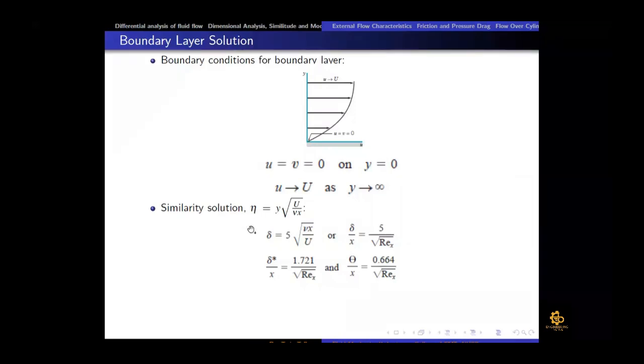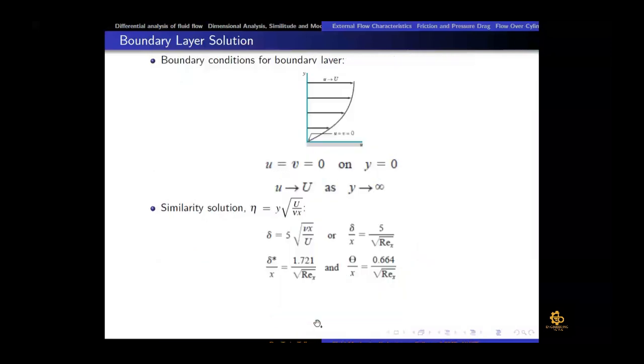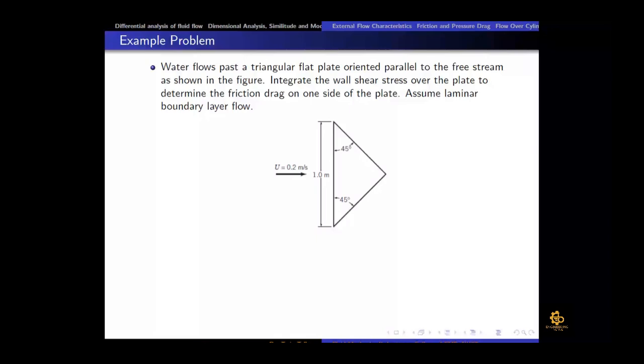That similarity solution involved a variable eta, defined as y into square root of U upon nu x. If we apply this similarity variable to these equations, the equation becomes a third order ordinary differential equation, which can be solved. He solved it in 1907 and came up with the solution for the boundary layer thickness, displacement thickness, and momentum thickness. Now we quickly do one numerical to see how we can calculate these values.